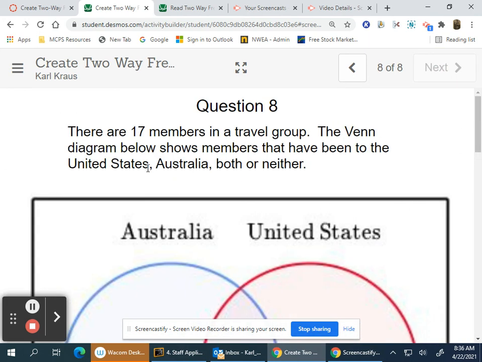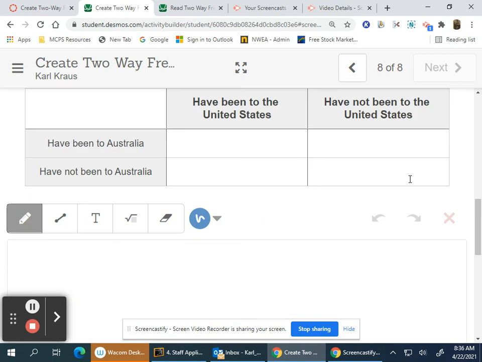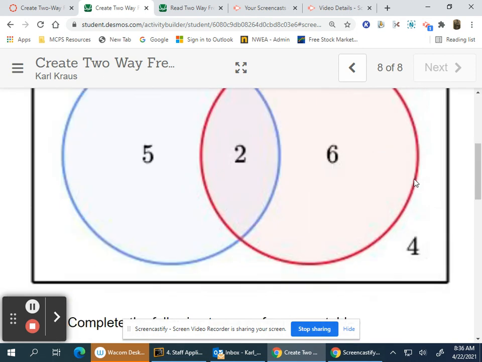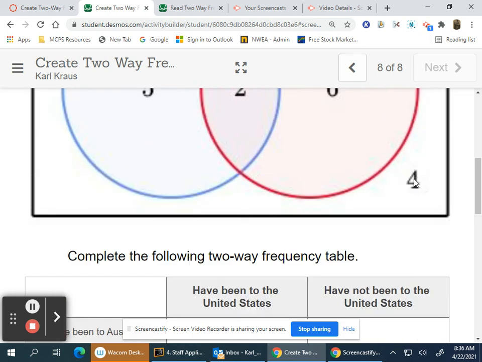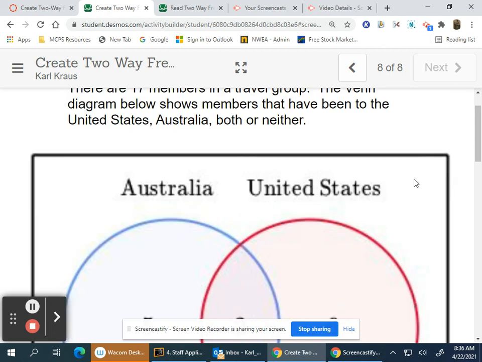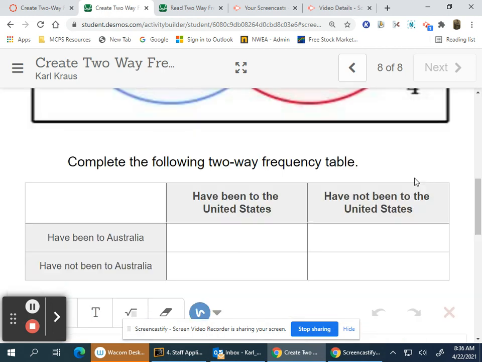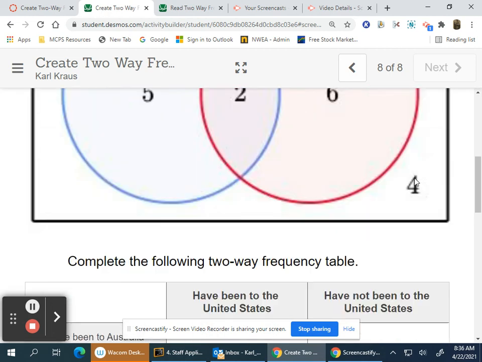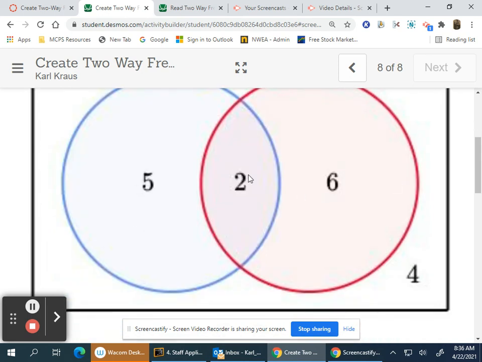And then the last one, there's 17 members in a travel group. The Venn diagram shows members that have been to the United States, Australia, both or neither. So I think this one you can do without making a table. So have been to the United States, have been to Australia. So both is 2.